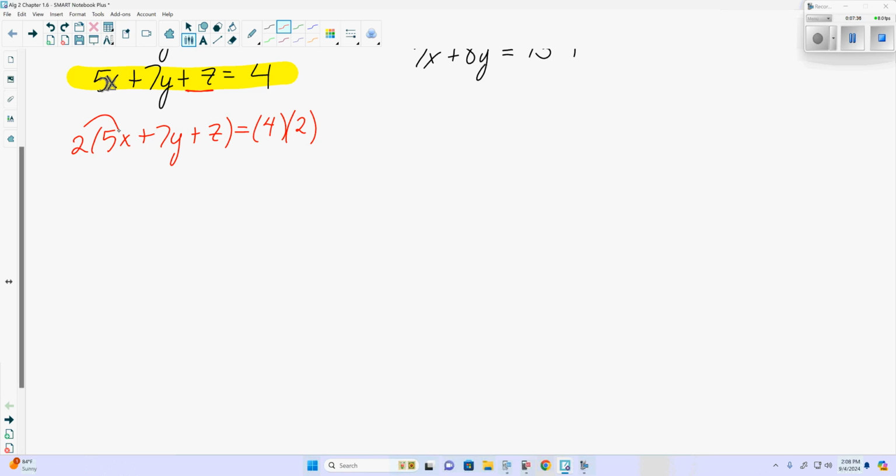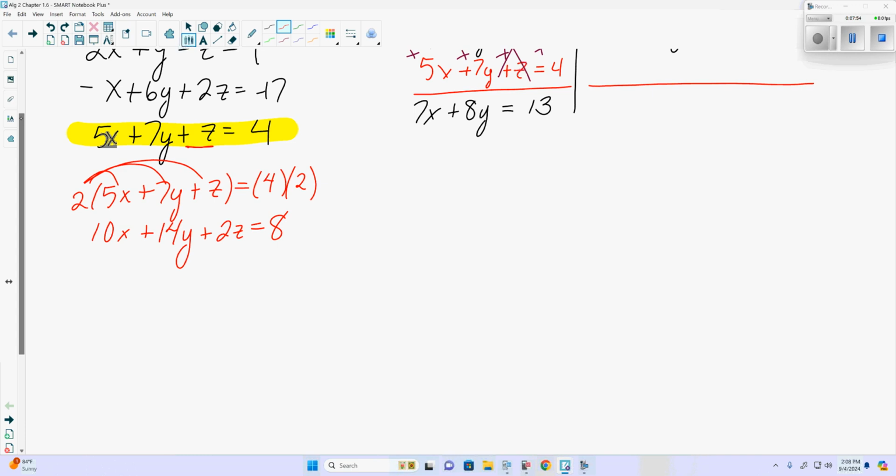So 2 times 5x is 10x. 2 times 7y is plus 14y. 2 times z is plus 2z, equal to 4 times 2, which is 8.